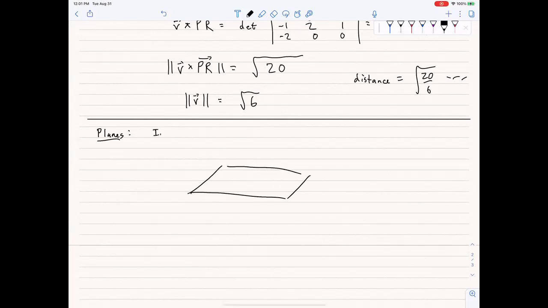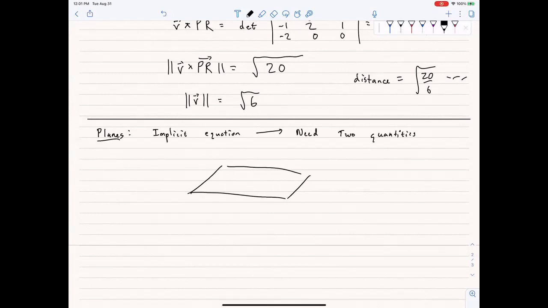Our planes are going to be described by an implicit equation. And there are 2 things we need to make this equation. 2 quantities, or structures, or whatever.